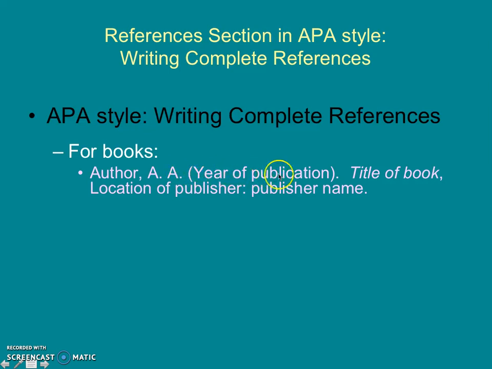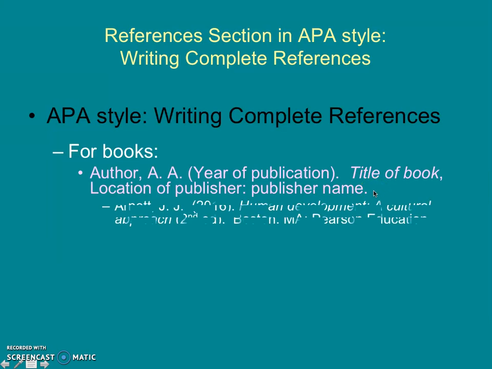You need the year of publication in parentheses followed by a period. You need the title of the book in italics, and you need this part here after the first letter to not be capitalized. You also need the location and a colon and the publisher's name.